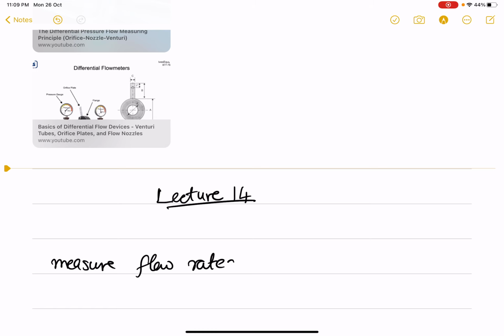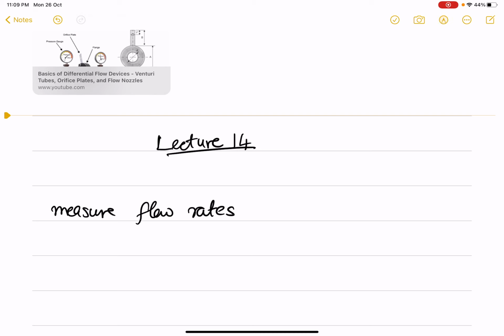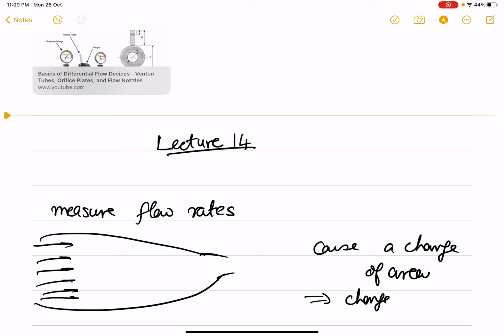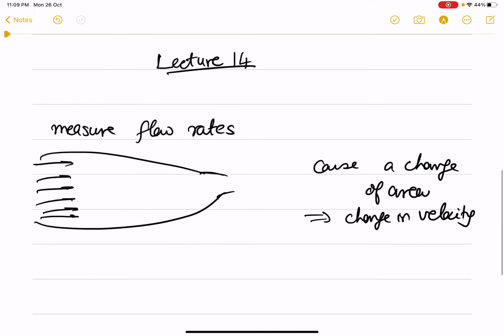In this technique, what we had seen was that if the flow is passing through some internal conduit, if you cause a change of area, then this change of area will imply that there will be a change in velocity. And this comes from the continuity equation, and this will mean that there is a change in pressure.